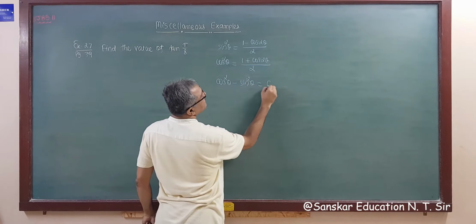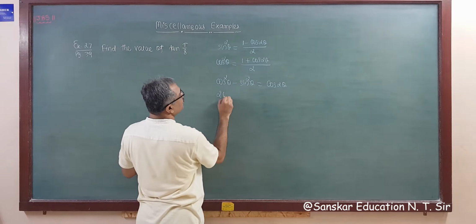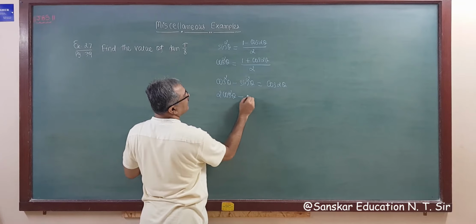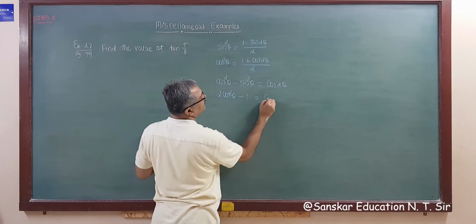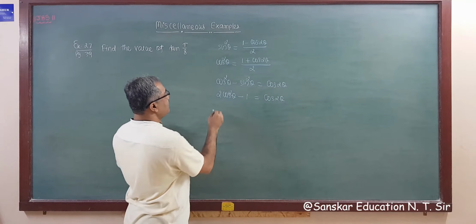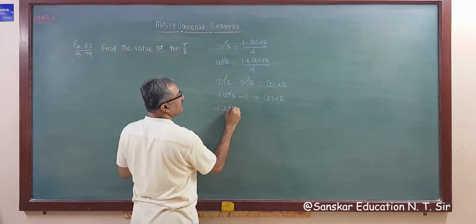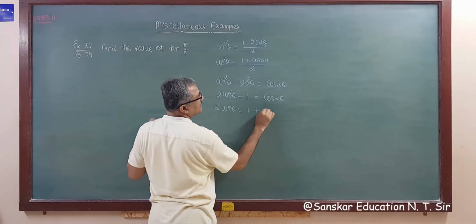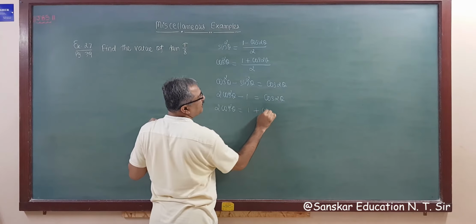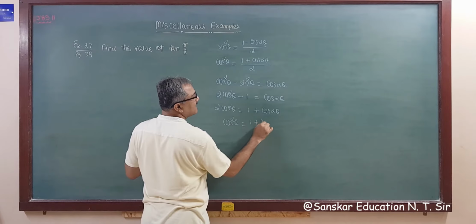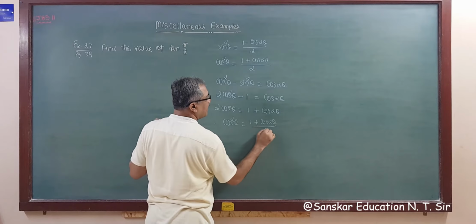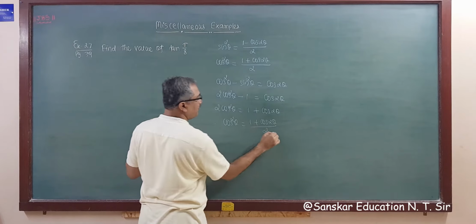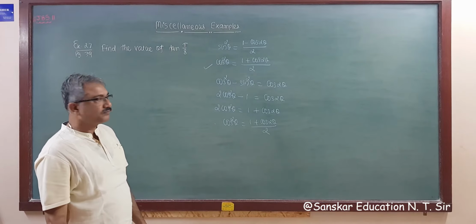If we change this into cos only, then this becomes 2 cos square theta minus 1 is equal to cos 2 theta. So if we take minus 1 to the right hand side, then this becomes 2 cos square theta is equal to 1 plus cos 2 theta. That is, cos square theta becomes 1 plus cos 2 theta by 2. So this is one of the formulas, cos square theta is 1 plus cos 2 theta by 2.